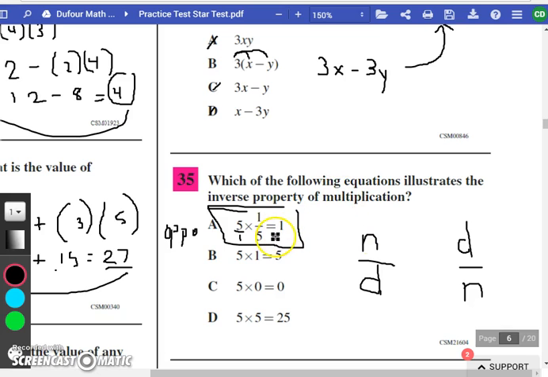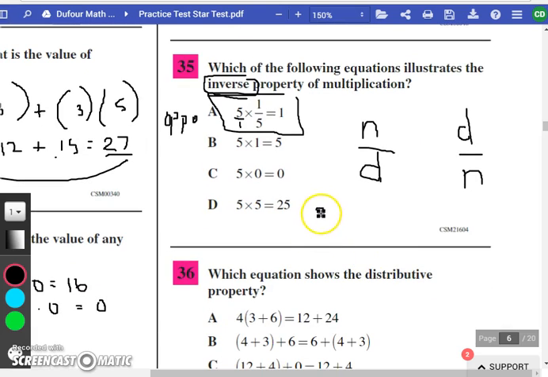And so in that case, 35 is A. You may not see a problem like this, but I do want you to know inverse. That is something you will need to know how to do, for example, when you are dividing 2 fractions. So let's say we have 2 over 1 divided by 3/2. Obviously, you need to know that you multiply by the inverse, and there you go. That is how you would solve a fraction division problem.